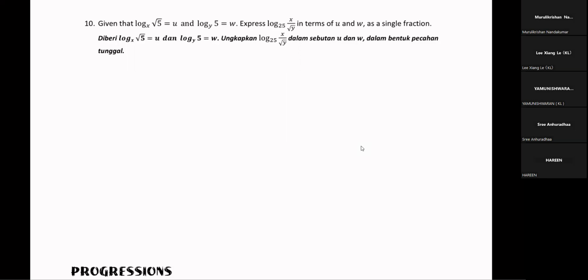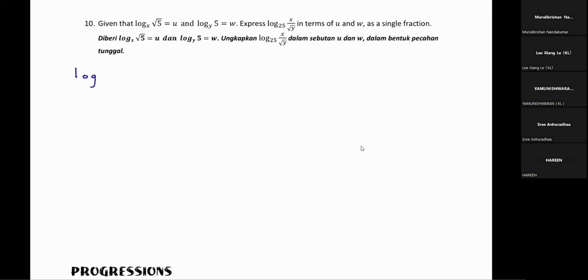Okay. Now, given that the log X to express. Alah, kenapa saya buat ni pula? Okay, sekejap lah, saya buang ni. This is not the question.